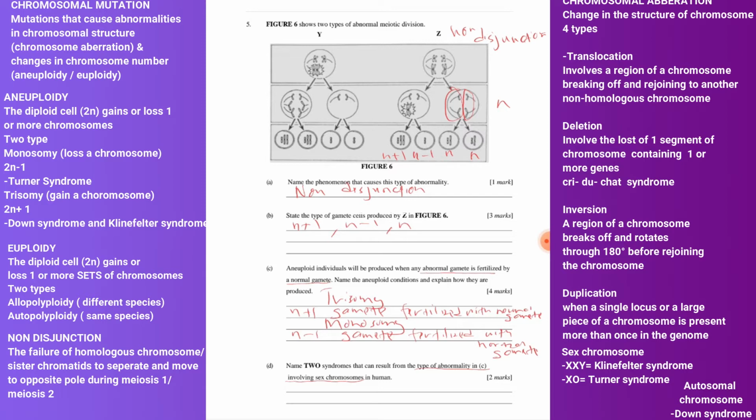So there are 2 syndromes that involve sex chromosome: either Turner syndrome, XO, which refers to monosomy, or Klinefelter syndrome, XXY, which refers to trisomy.